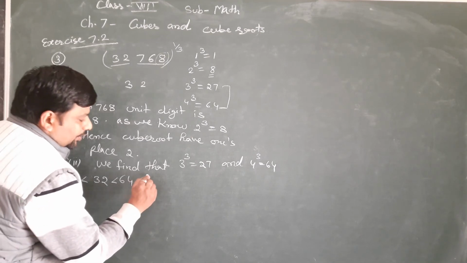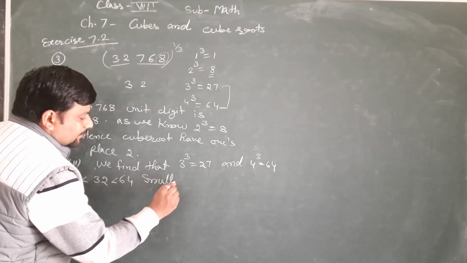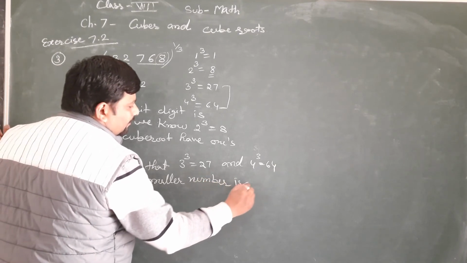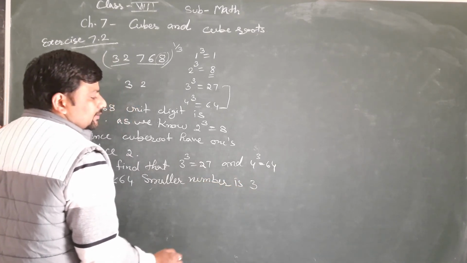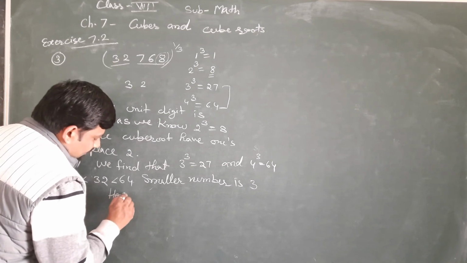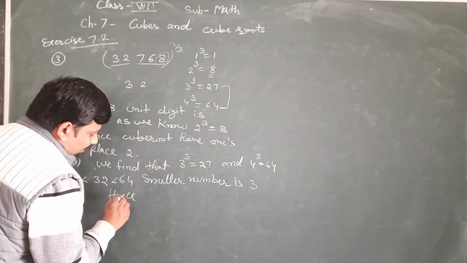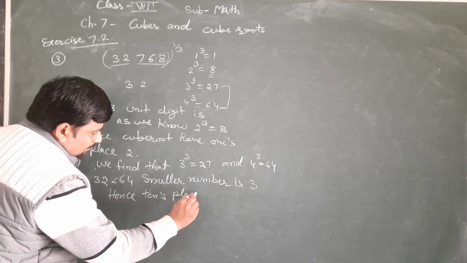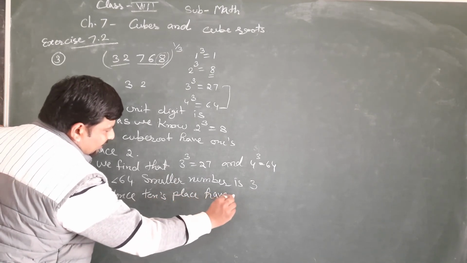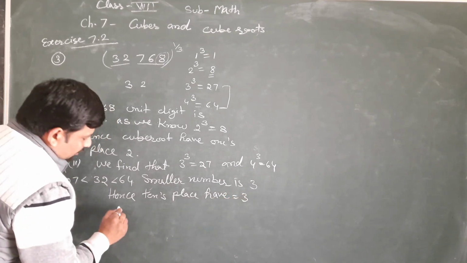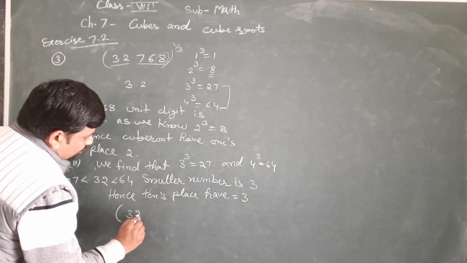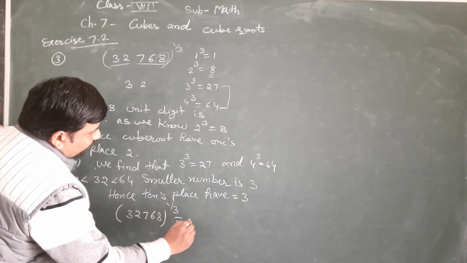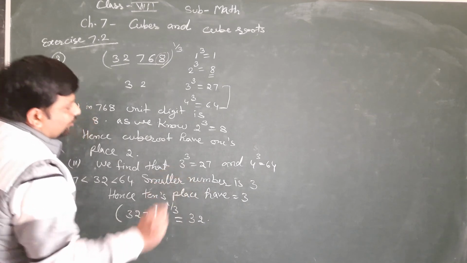The smaller number is 3, hence the tens place will have 3. Now the cube root of 32768 will be 32.